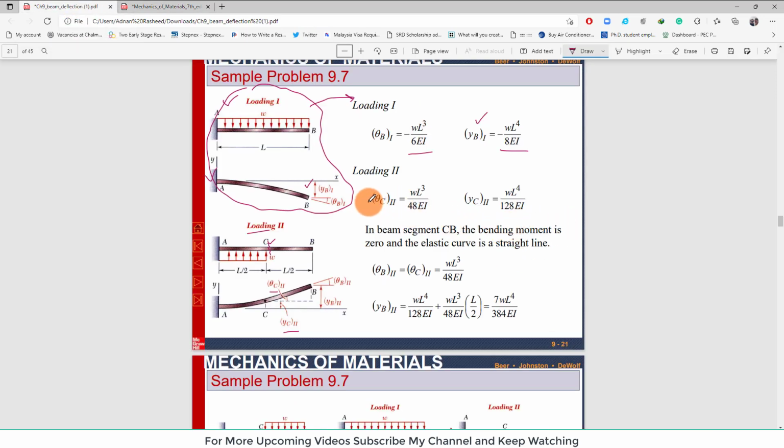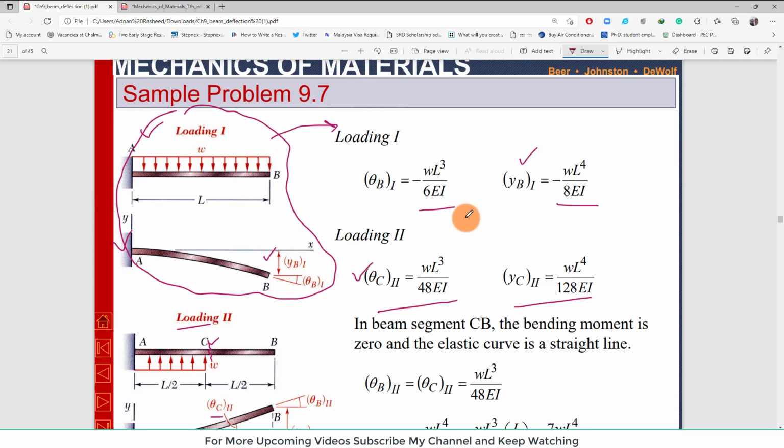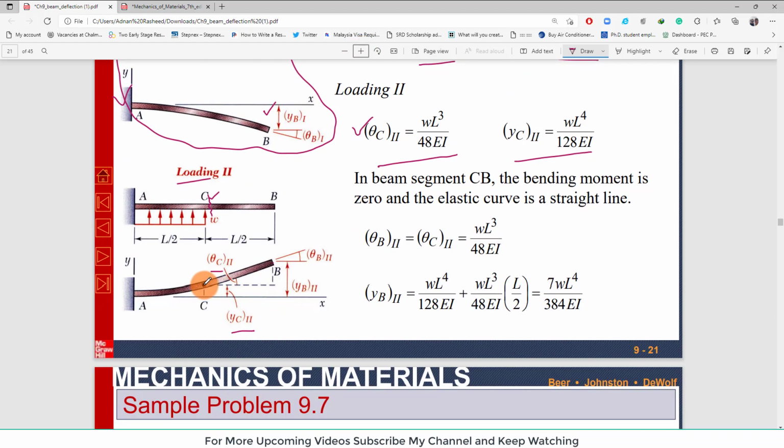So now you can see that due to loading 2, this is the slope at point C, and this is the deflection at point C, due to loading 2.